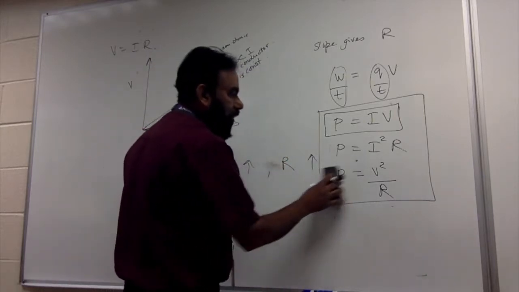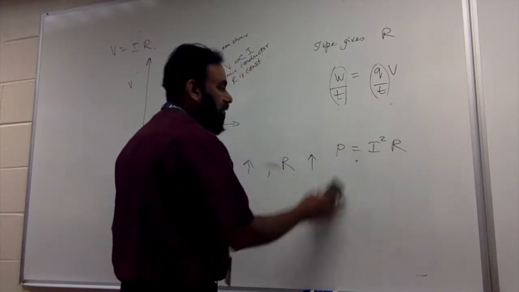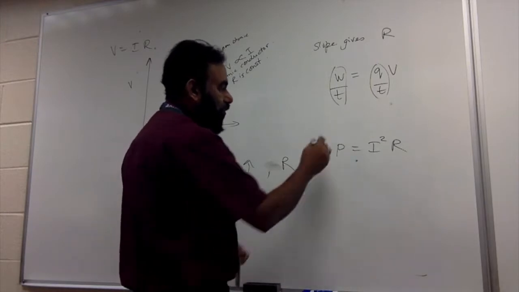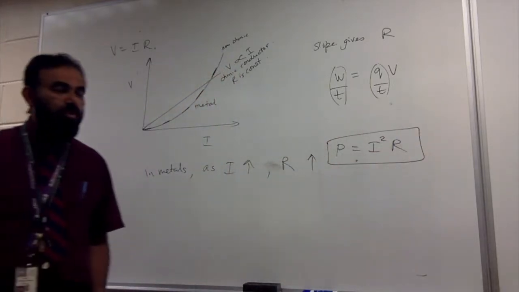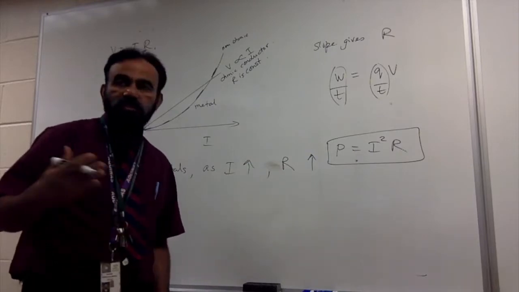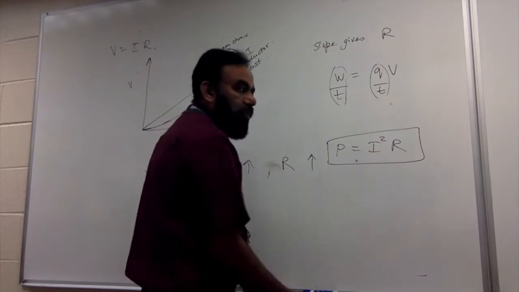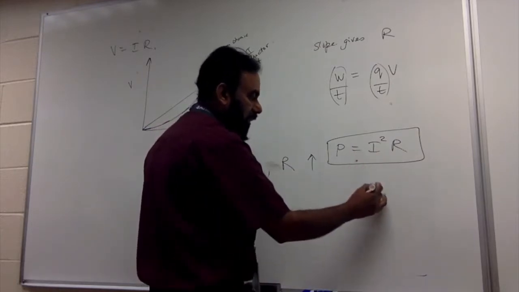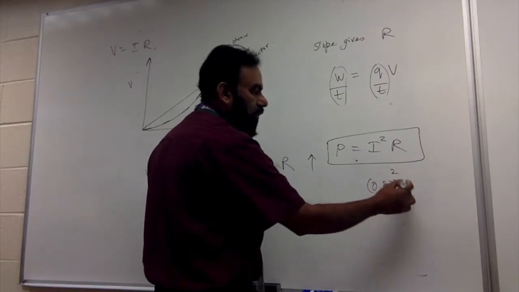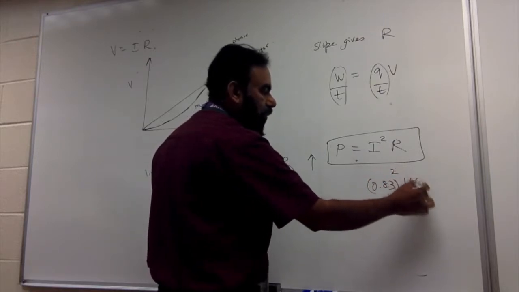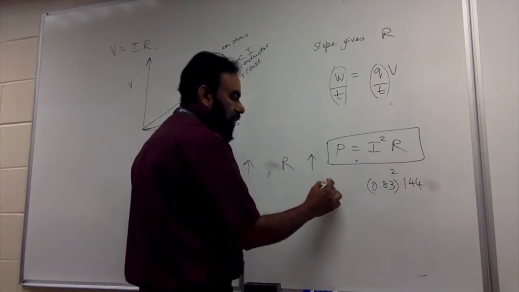So coming back to these equations, this is an equation that helps you very clearly to find out how much is the power dissipated through a resistor when you know there is a current flowing through. So if a current is flowing through here, and that is 0.83 amperes squared times 144 ohms, what is the power?